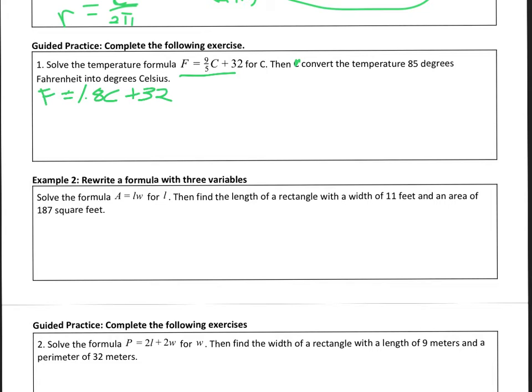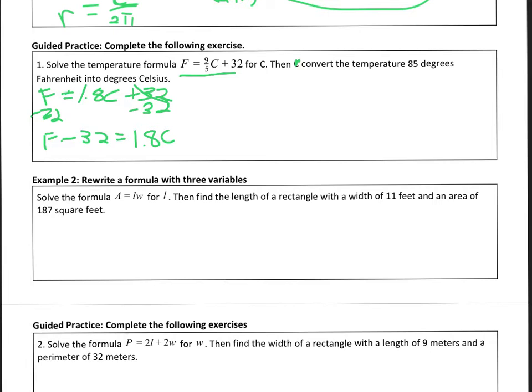I've got to get rid of 1.8 and get rid of 32. The first thing I'm going to get rid of is 32, so I'm going to take care of that addition first. I subtract 32 from both sides. So this becomes F minus 32 equals 1.8 times C.